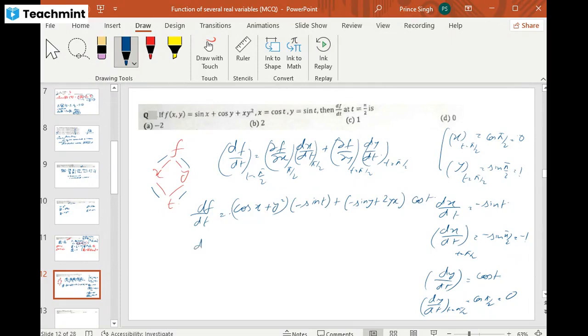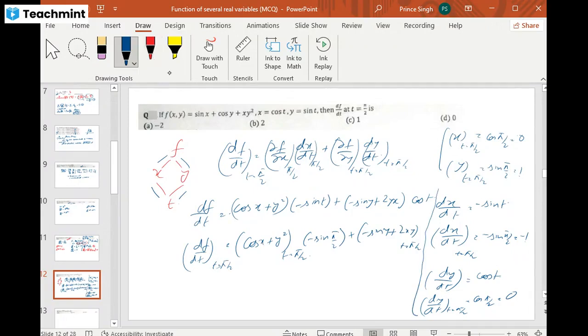If we calculate its value at t equal to pi by 2, it means cos x plus y square at t equal to pi by 2, and minus sin pi by 2, and here minus sin y plus 2xy at t equal to pi by 2, into cos pi by 2.